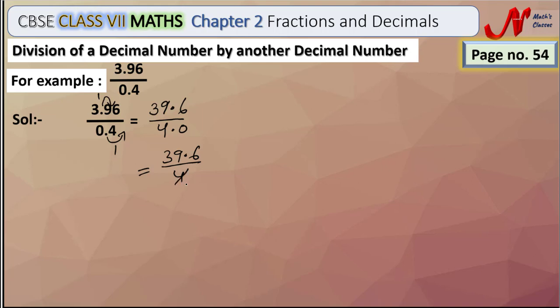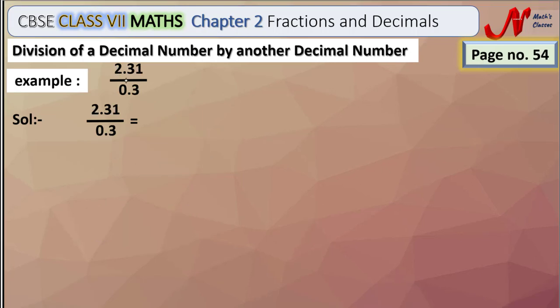By cancelling, 4 ones are 4, 4 nines are 36, and here we have 3 remaining, again 4 nines are 36, so we get 9.9. Therefore 3.96 by 0.4 is equal to 9.9.